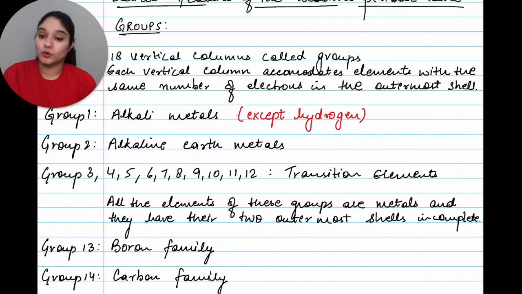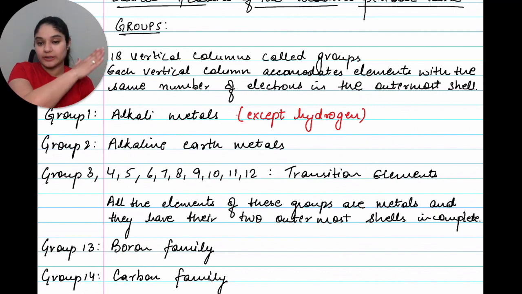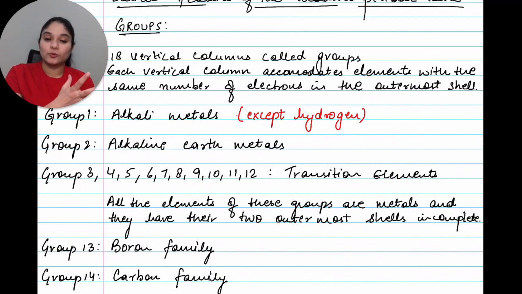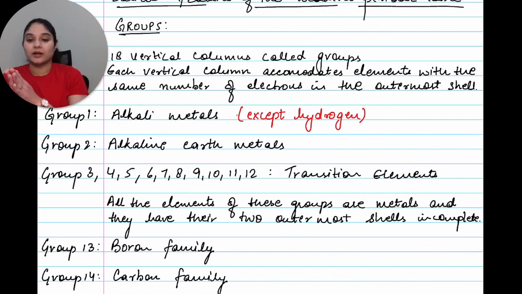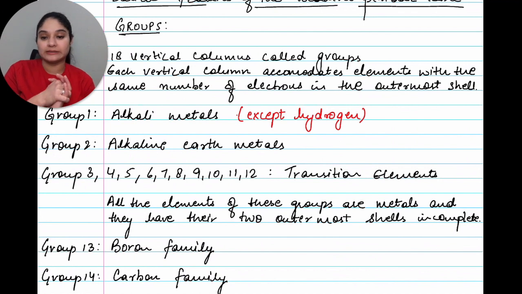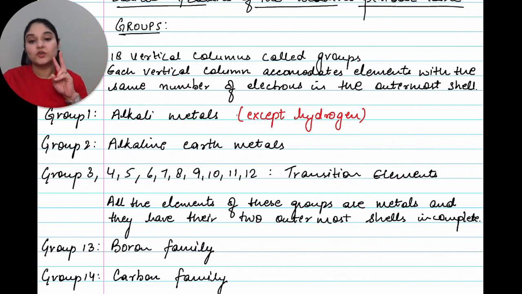When we talk about group 3, in group 3 you have from 3 to 12. So 3, 4, 5, 6, 7 till 12. These are transition elements. When we talk about transition elements, we're talking about the elements in these groups being metals. Then they have their two outermost shells incomplete.